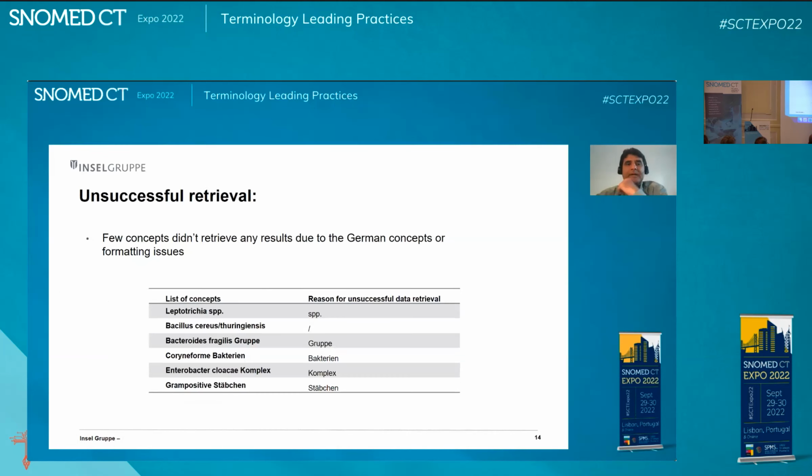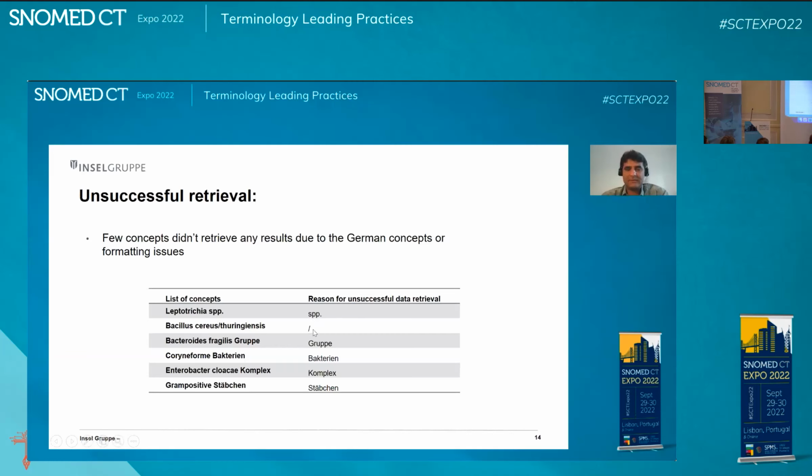There were some unsuccessful retrievals also, as I said earlier, because there were German terms. There is no German SNOMED available, so it retrieved an error. Here you can see the reasons for unsuccessful data retrieval. For example, Patricia spp. was a short form to mention a species locally, and this did not retrieve any result.